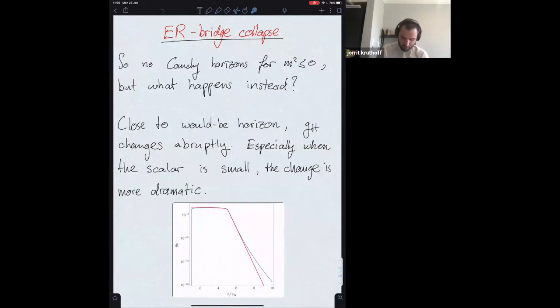And what that means is that GTT measures the length of the Einstein-Rosen bridge. And so if I compute a finite stretch of the Einstein-Rosen bridge, it will go exponentially fast to zero. And so this is why we call this the collapse of the Einstein-Rosen bridge.